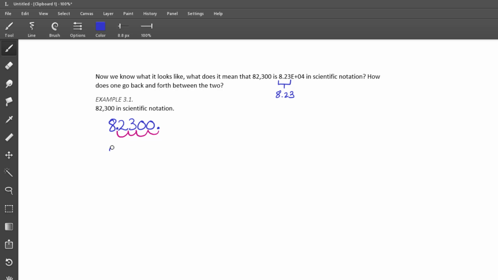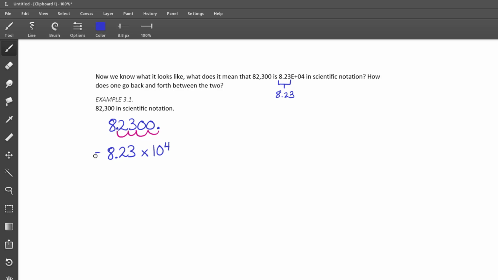So I'm going to rewrite 8.23 with the decimal in its hopped place. But in order to tell people that we've taken the original decimal and hopped it 4 places to the left, I'm going to say I multiplied it by 10 to the 4th as its exponent, and that 4 indicates those 4 steps that we took.